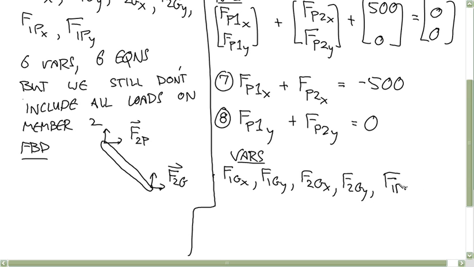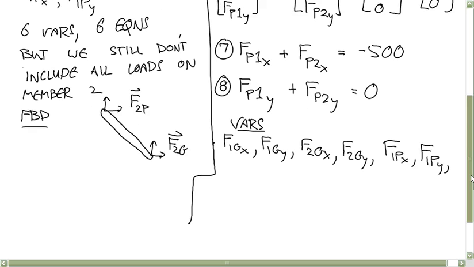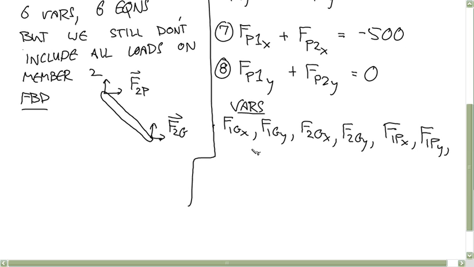F1px, F1py. And then we have the new ones from these equations, FP1 and FP2. And you can hopefully see it coming that we're going to be able to reduce this list. So FP1x, FP1y, and FP2x, FP2y.